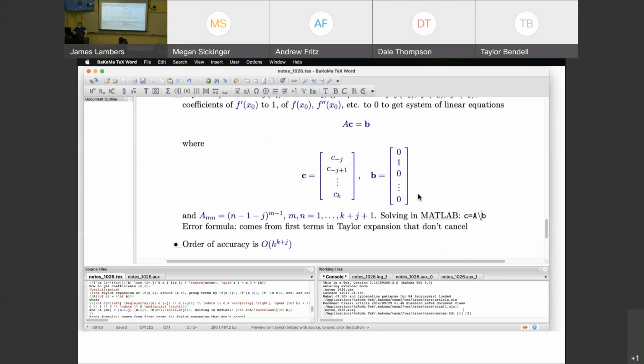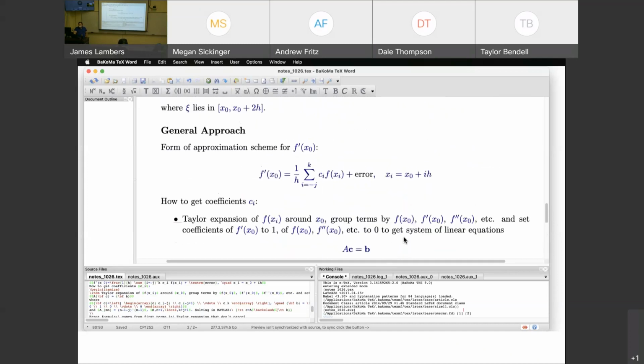And then from the terms in the Taylor expansion that do not cancel, you can get the error term. And then this is the order of accuracy of your finite difference formula, depending on how many points you use to the left and right. So versus in the previous example, we used 2 points to the right of x naught, so k was equal to 2.